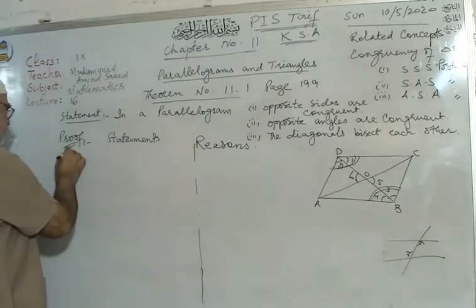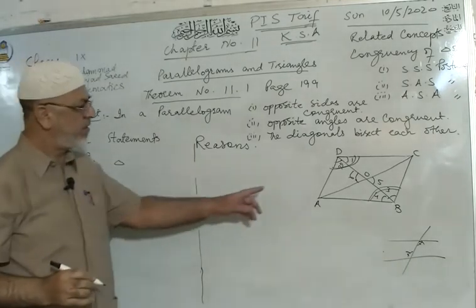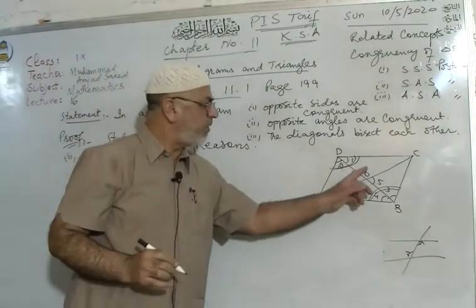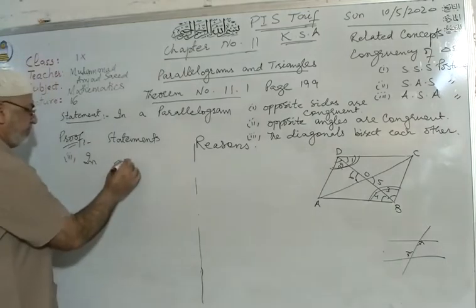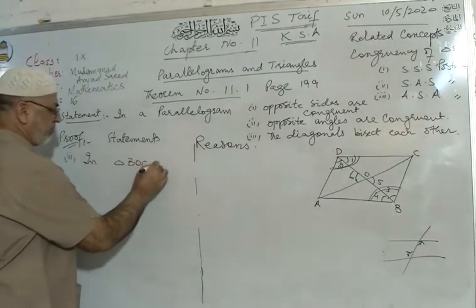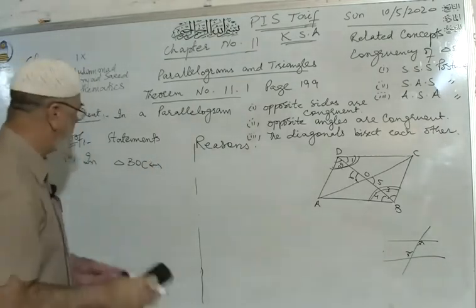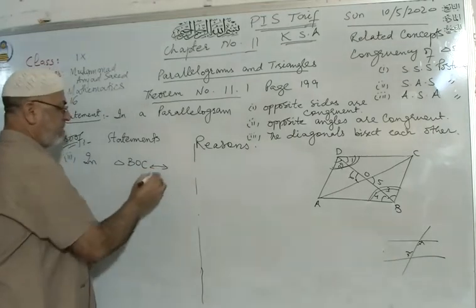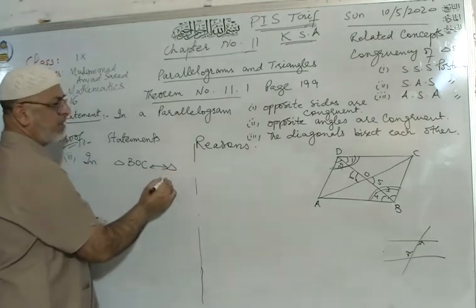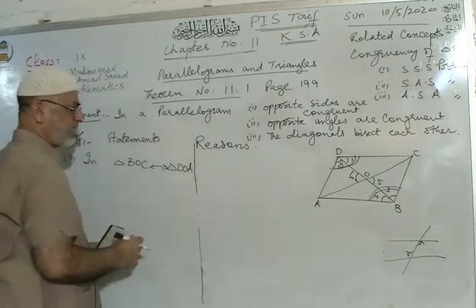Number 3. In the correspondence of triangle BOC and triangle DOA, or AOD, let us think.